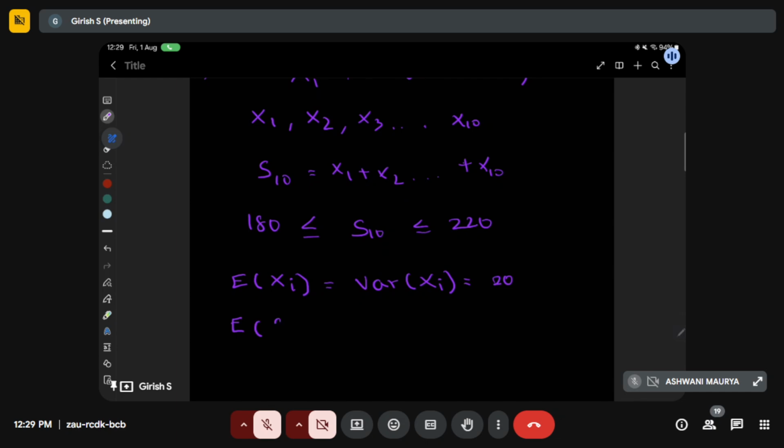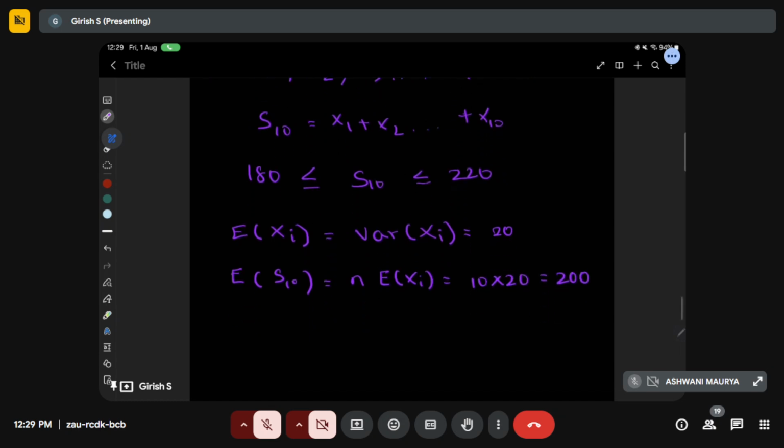Now expectation of S10 is n times expectation of Xi, which is 10 into 20, so 200. And variance of S10 is n times variance of Xi, which is also 10 into 20, again 200. Is this clear?